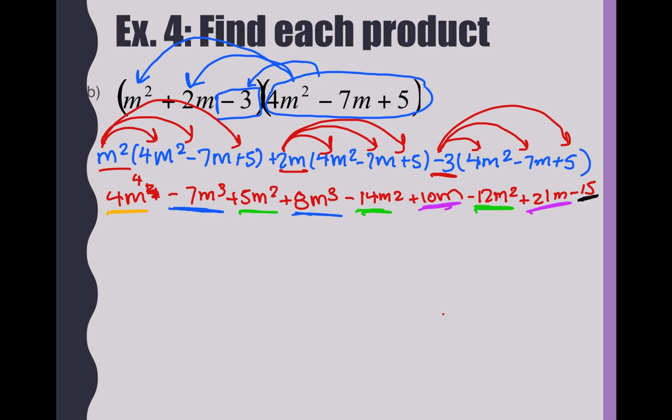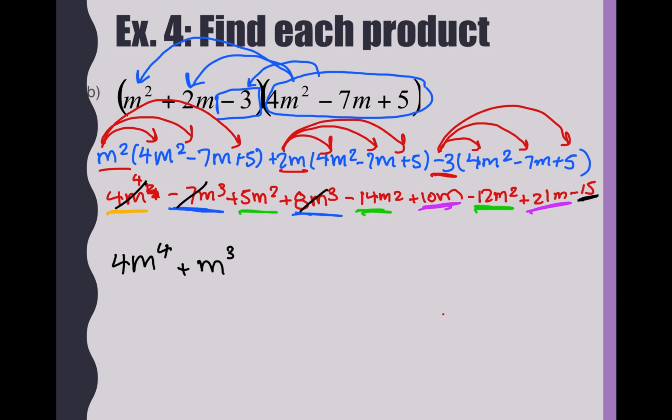Now, time to write the final answer. My m to the fourth, that's just 4m to the fourth. My m cubed, negative 7m cubed plus 8m cubed, that's just 1m cubed, or m cubed.